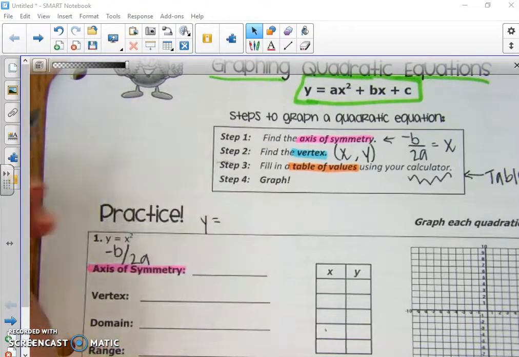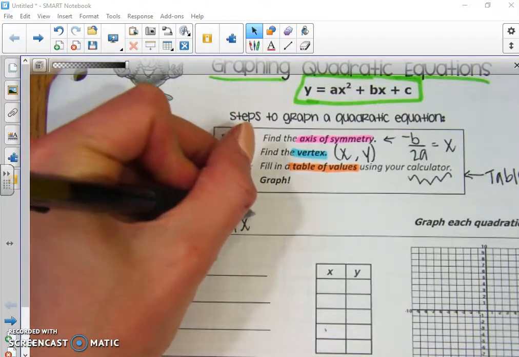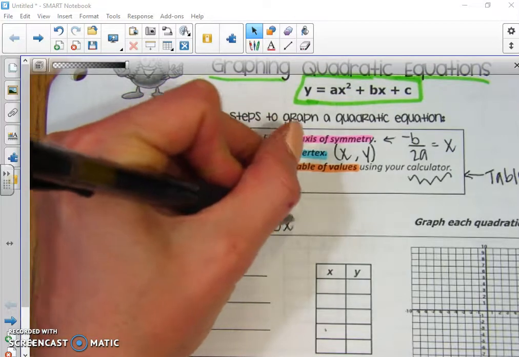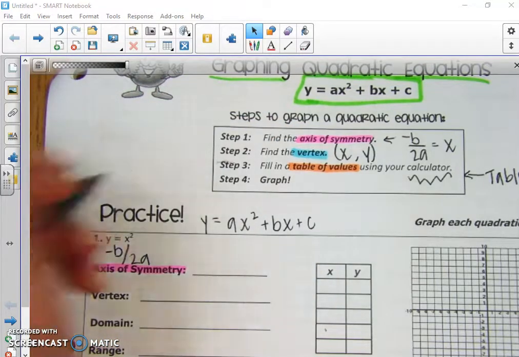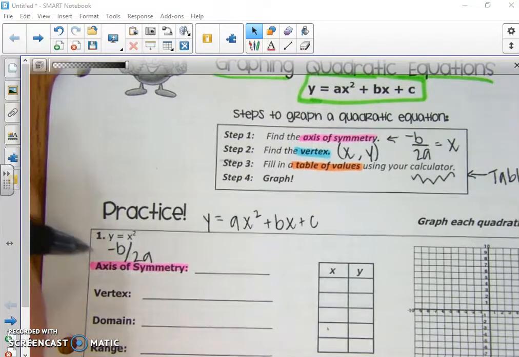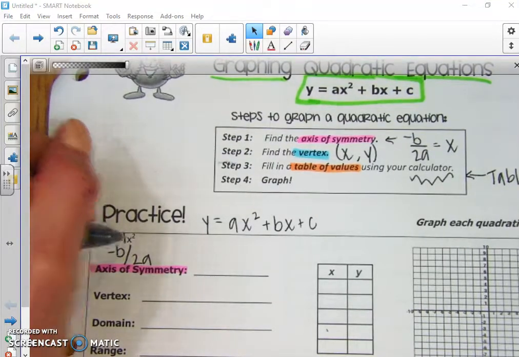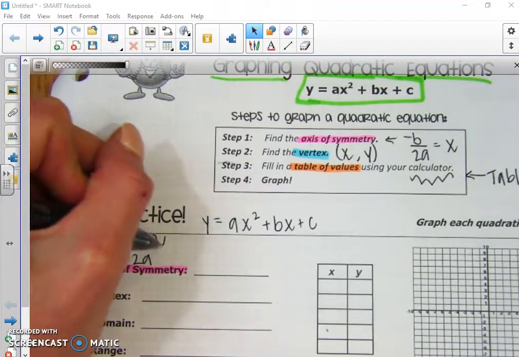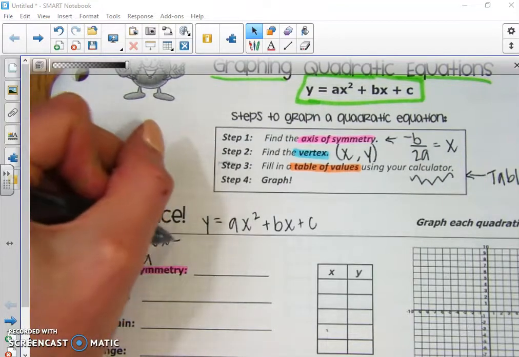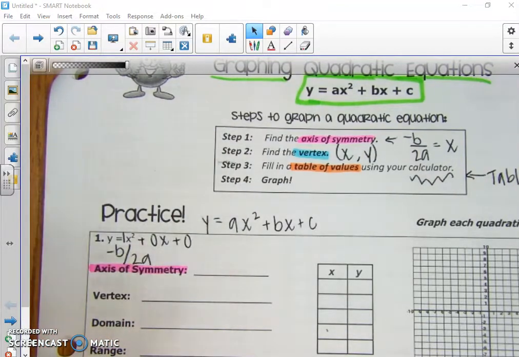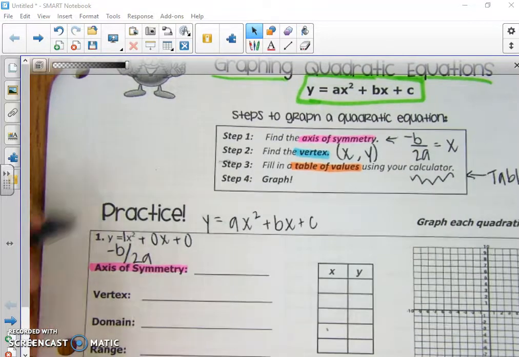We have some of the pieces, but not everything. This is like saying y equals 1x squared plus 0x, because there's no x term, plus 0, because there's no constant. So our a value is 1, and our b value is 0.